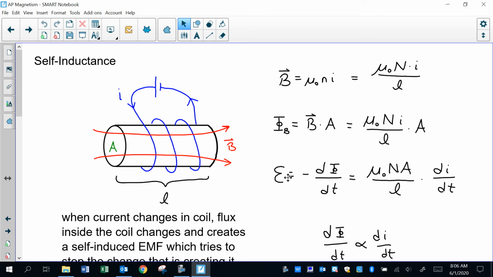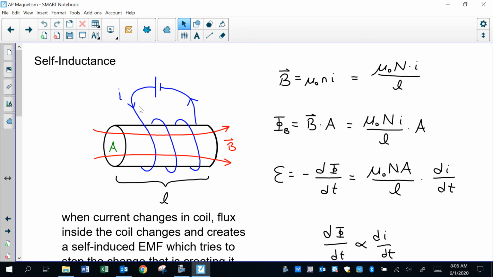Change the flux, you end up with an EMF. Well, I already have some current there. Yes, we get a second EMF that is produced, and that EMF is either going to add to the current that we already have, making it bigger, or it is going to oppose this current and make it smaller.